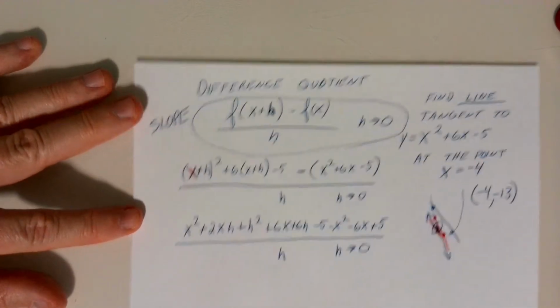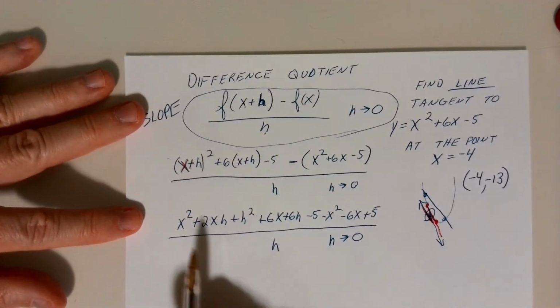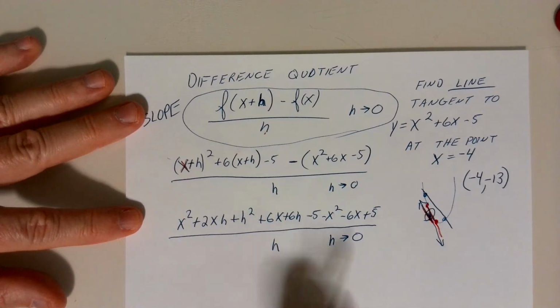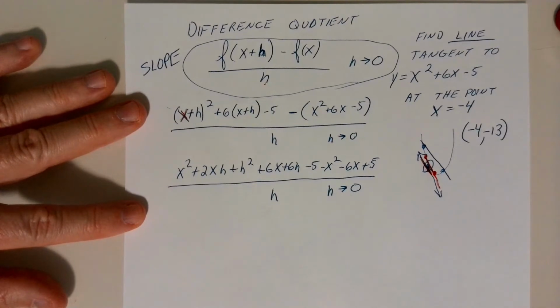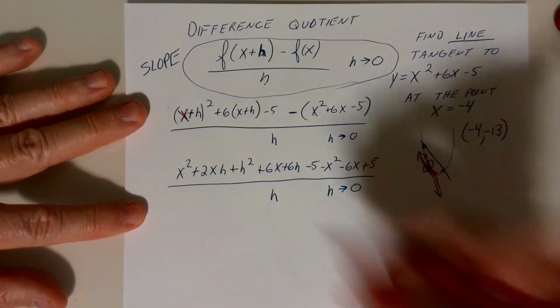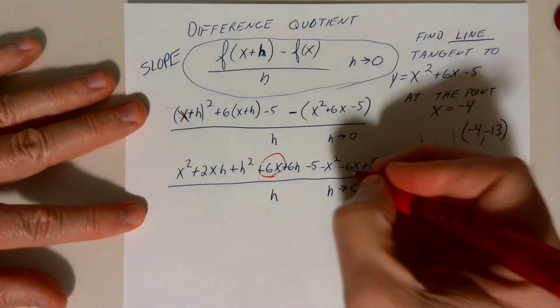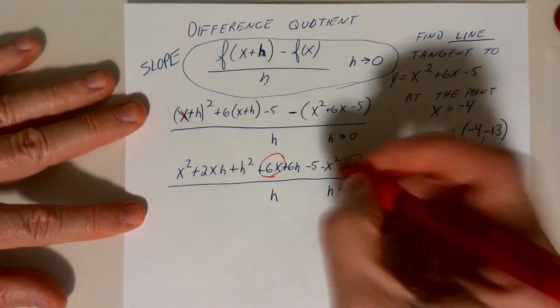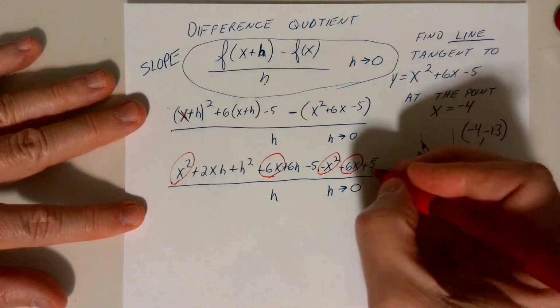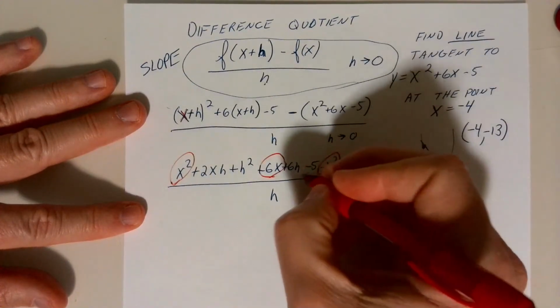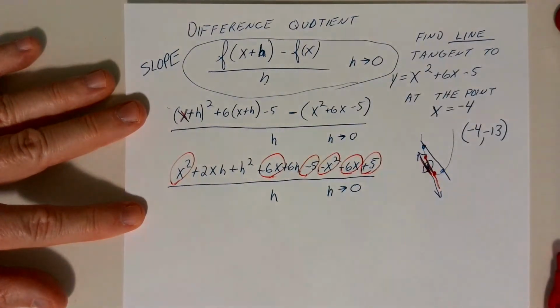So far, so good. This big scary expression is actually going to simplify down. You can see that the 6x and the -6x, the negative x squared and the x squared, and the 5 and the negative 5 all cancel themselves out.